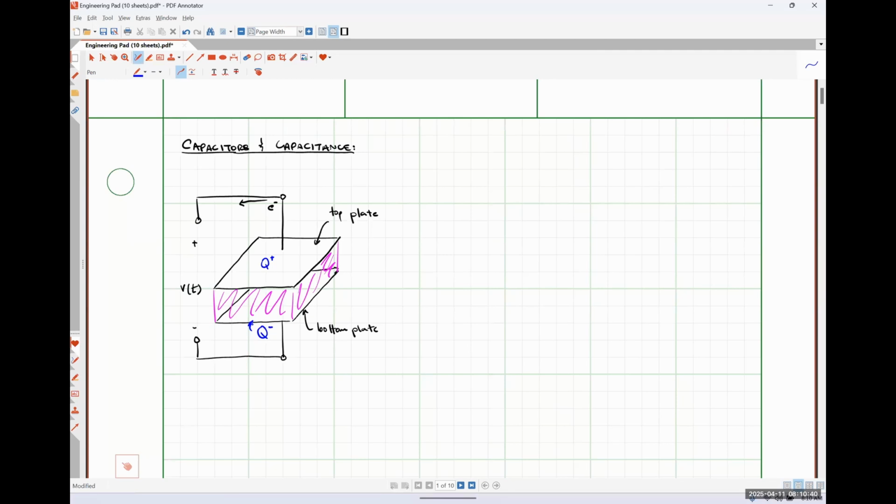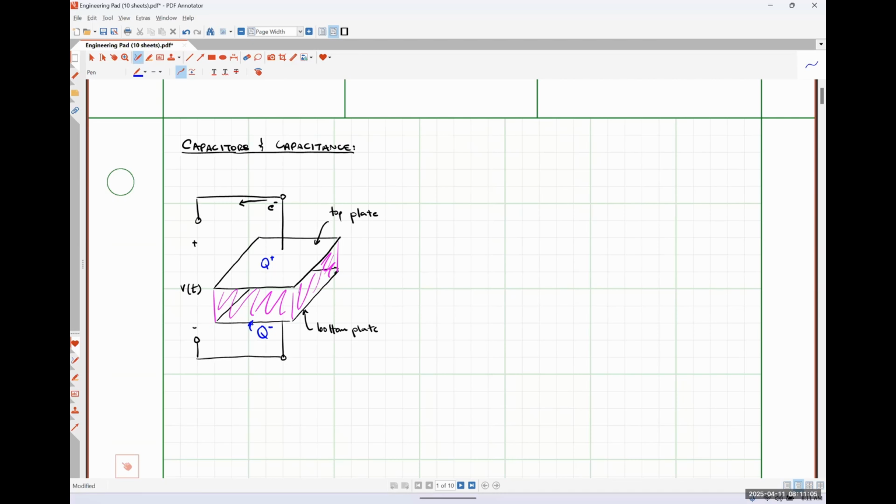So since it's taking work for me to put those charges there, this is a form of energy storage. If I supply some amount of input energy to the system, it holds those charges there. And then as soon as I lower that voltage, it's going to release those stored charges back into the circuit, okay? So that's the energy storage mechanism for a capacitor.